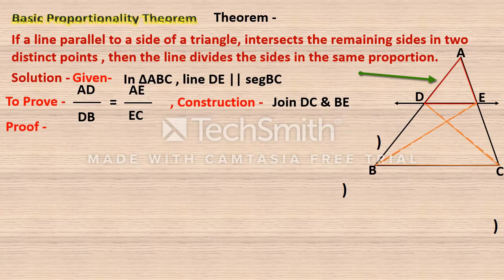If AD is the base, then its opposite vertex is E. From E we can draw the height. DB is the base, then its opposite vertex we consider E, and from E we can draw the height. Means from point E we get equal height.